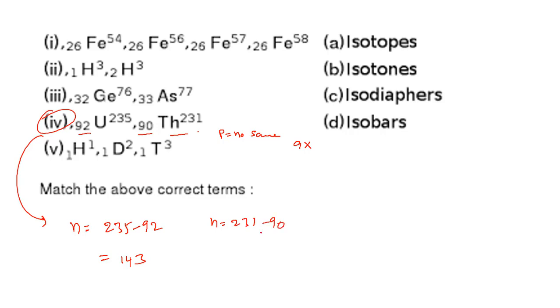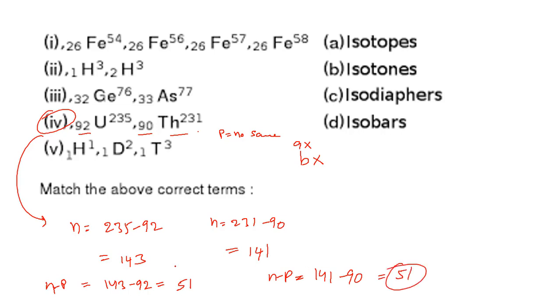Here 231 minus 90, that equals 141. So isotones, B also wrong. Then isodiaphers is the N minus P value. 143 minus 92 equals 51. Here N minus P, 141 minus 90, that equals 51. Yes, 51. The N minus P value is correct. So option C is correct.